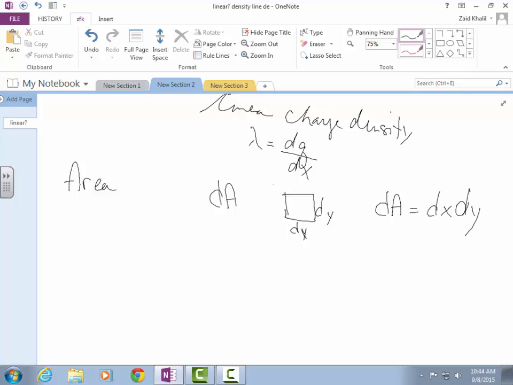So let's take a look. Unlike one dimension, when you deal with an area, it depends upon what coordinate system you're using. Now in Cartesian, it's just going to be this. So what you could do is morph this.